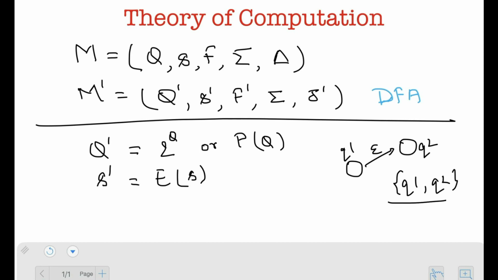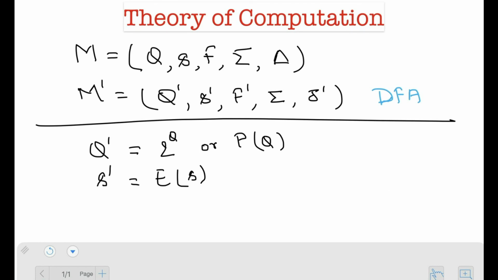So this will be the start state for my DFA. I hope the start state being the epsilon closure is intuitive enough to you.